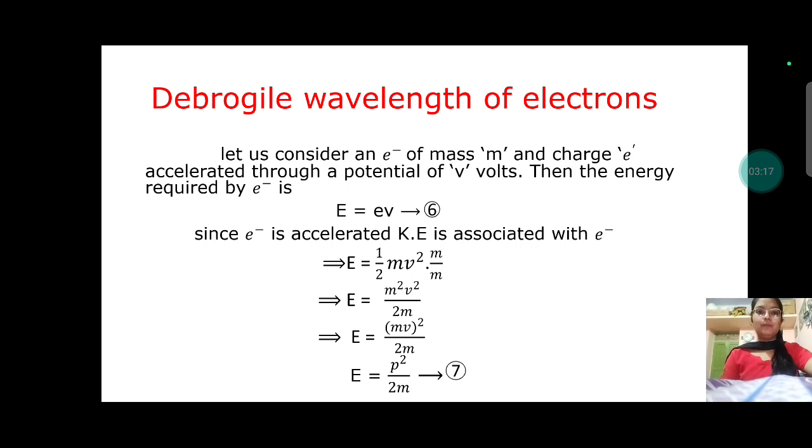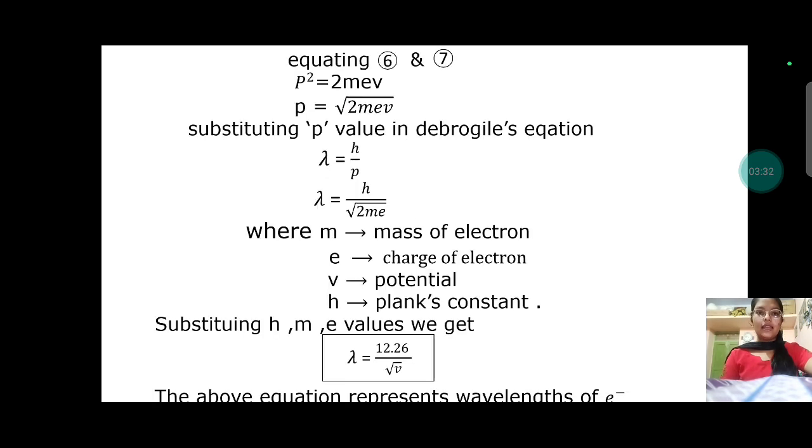E = ½mv² × m/m, E = m²v²/2m, E = (mv)²/2m, E = p²/2m. Represent this as equation 7. Equating equation 6 and equation 7, we get p² = 2meV, p = √(2meV).